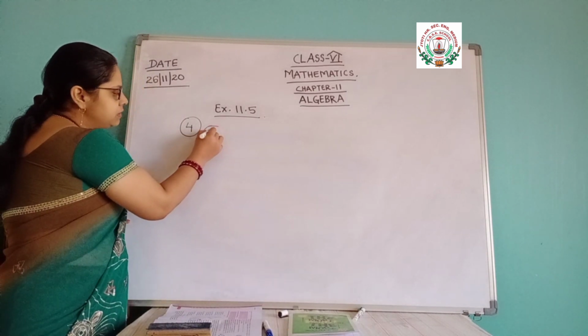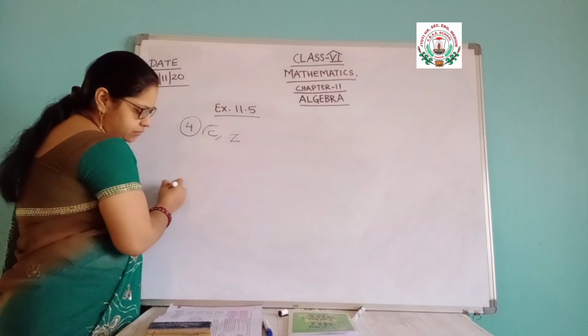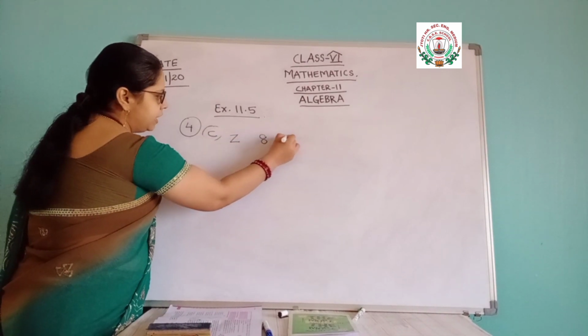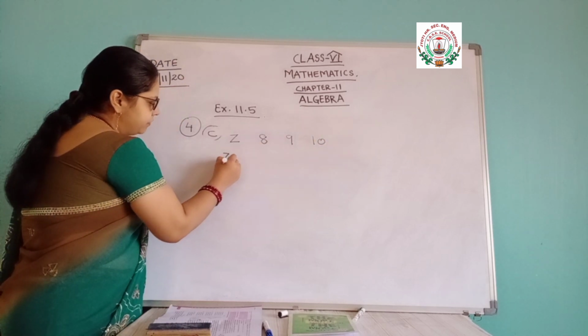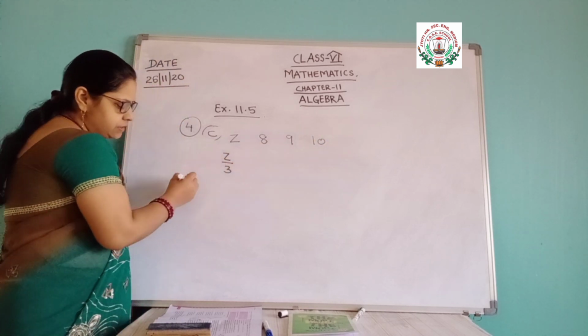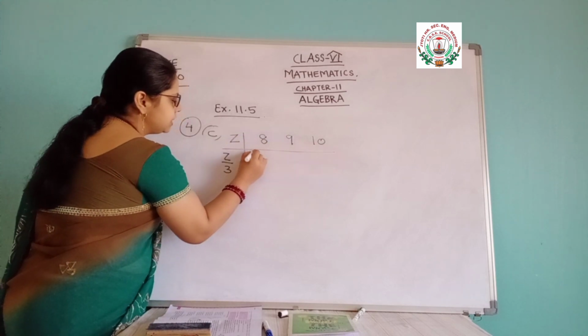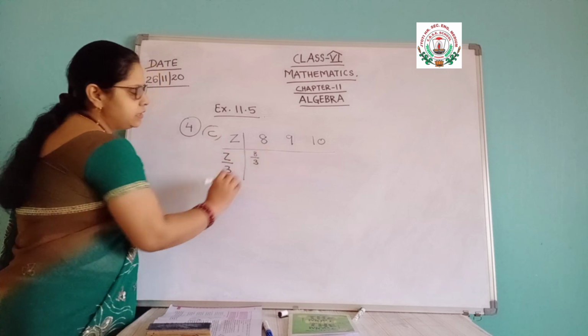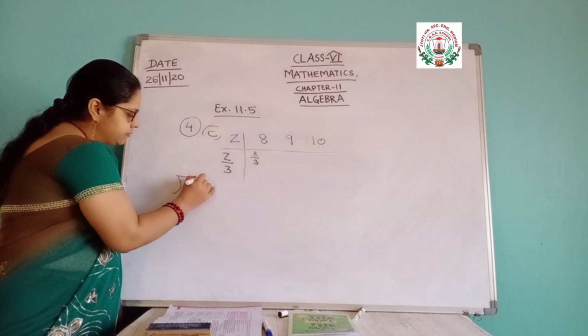Like coming to the C part. For the variable z, the values start from 8, 9, 10 and so on, and you are finding z by 3. Z by 3 means if you find it for 8, it is 8 by 3. You can't directly write 8 by 3.